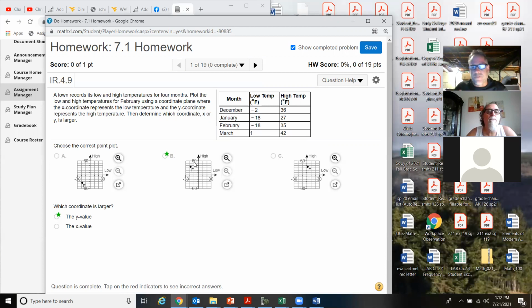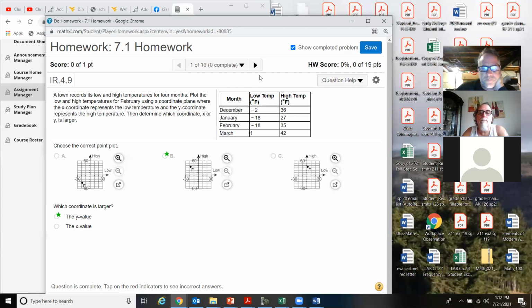Is that clear in terms of how this point is plotted? Its coordinates would be, if I could write them down, parenthesis, negative 18, comma, 42 for the y coordinate. We good there? The reason this one wasn't picked is that it was down to negative 42, not up to positive 42. And which coordinate is larger? It would be the y value.